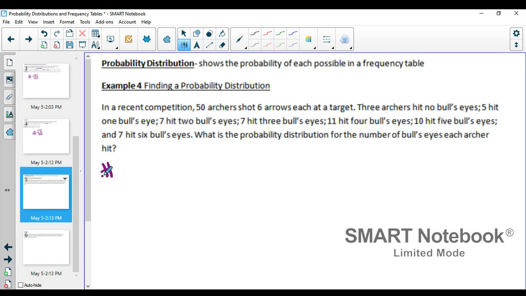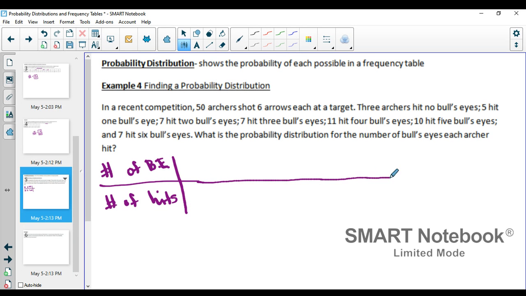So this is the number of, and I'm just going to abbreviate this as BE. And then this is number of hits. The options for bullseyes are 0, 1, 2, 3, 4, 5, and 6.